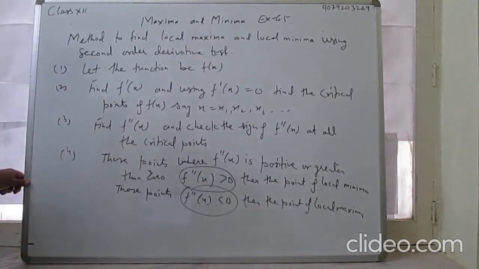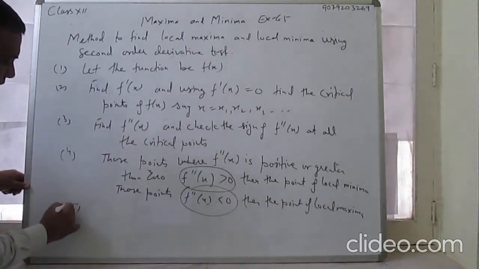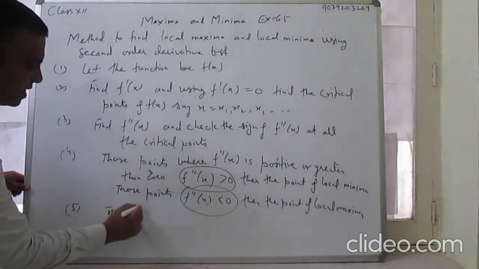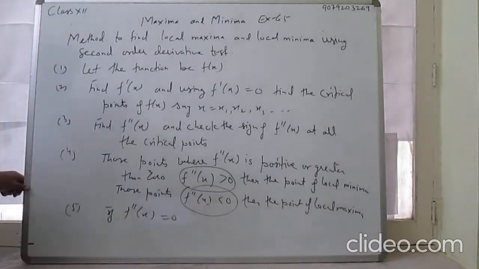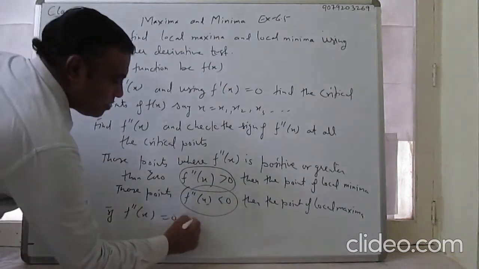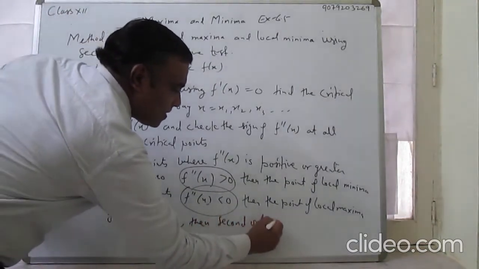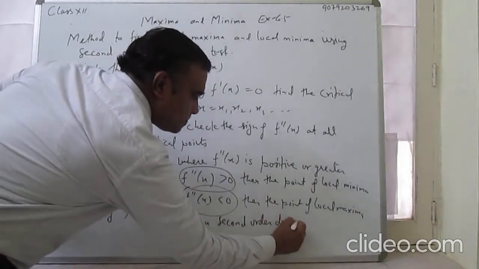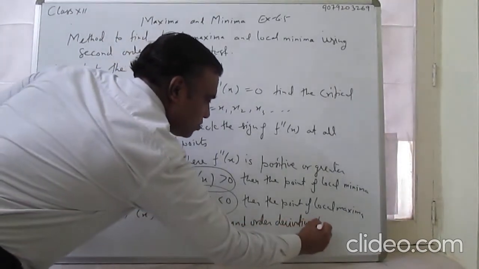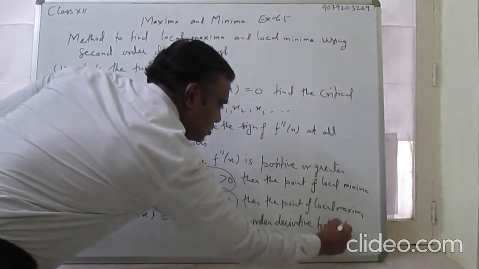Fifth, if f double dash x is equal to 0, then the second order derivative test fails.